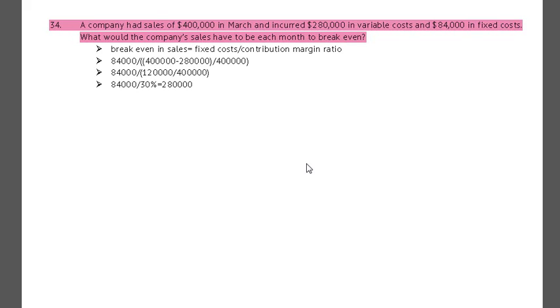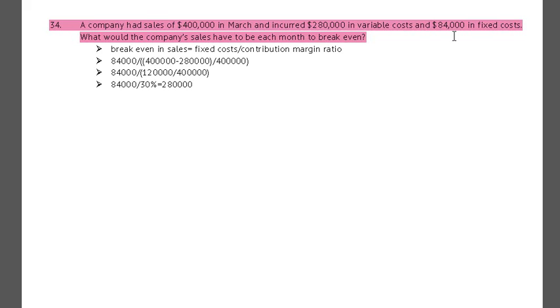Now we can go in and plug in our formula for break-even point in dollars: fixed costs of $84,000 divided by our contribution margin ratio, that 30% we calculated. So $84,000 divided by 30% gives us $280,000 as our break-even point in dollars.